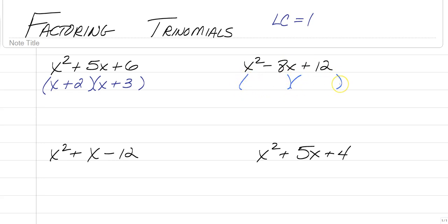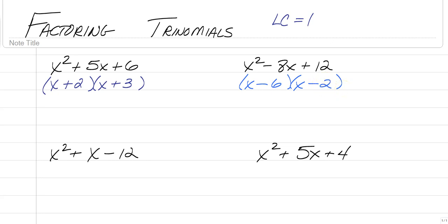So when you think about that, of course we're going to have our x and x, but what two will multiply to a positive but add to a negative? The only way to multiply to a positive number is to multiply two positives, or, in this case, two negatives. So what two negative numbers would add up to a negative 8? That would be a negative 6 and a negative 2.